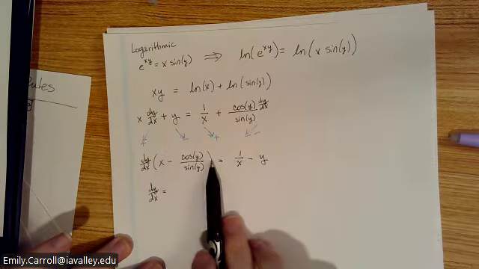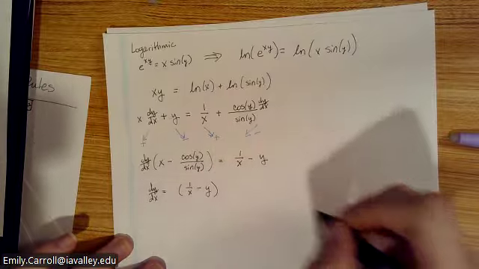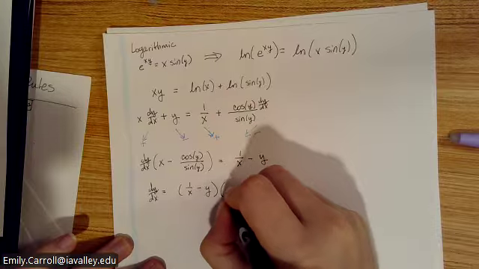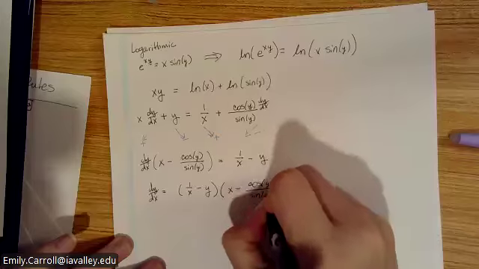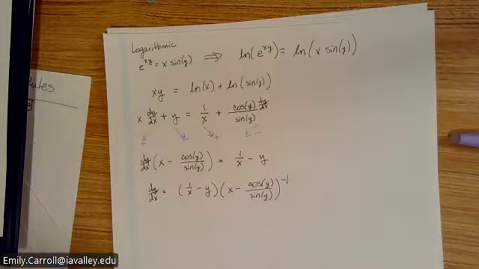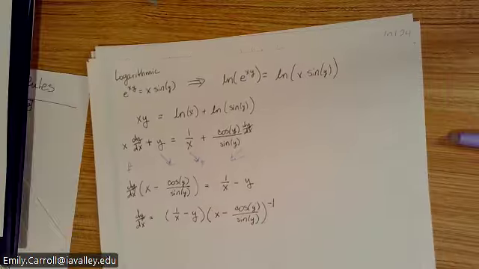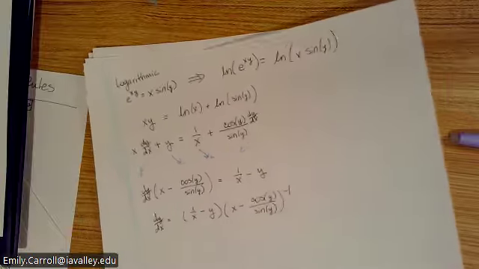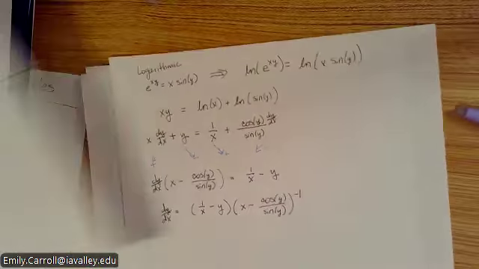So dividing both sides by that stuff in parentheses there, we have 1 over x minus y times this nonsense, which instead of dividing, because it's got a fraction in it, I'll just put a -1. So our answer looks different, but it should be equivalent, those two answers.